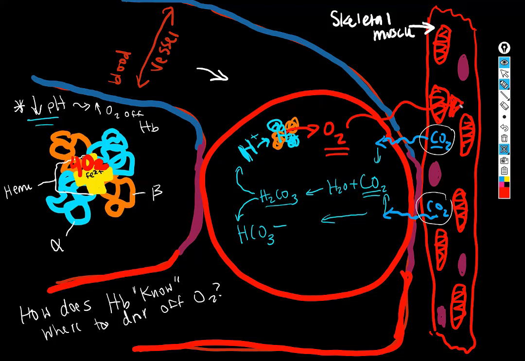So the cool thing about that is that the more metabolism a cell is doing, the more CO2 it will produce. And that will catalyze the following reaction in every single red blood cell it passes. And the amount of oxygen drop-off will be proportional to the amount of CO2 that that tissue is releasing.